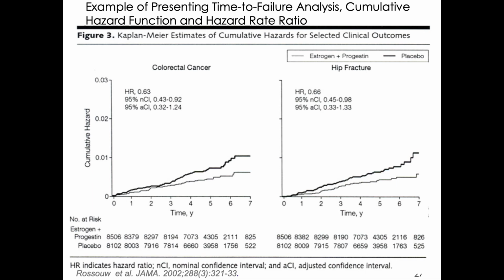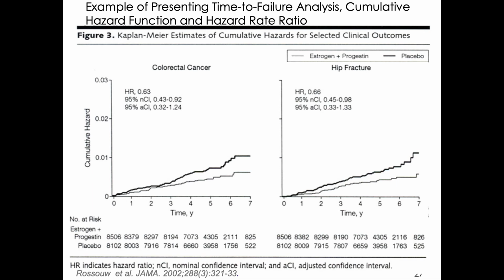So this is from the Women's Health Study. So the exposure groups are the estrogen plus progestin hormone replacement therapy group compared to the placebo group.